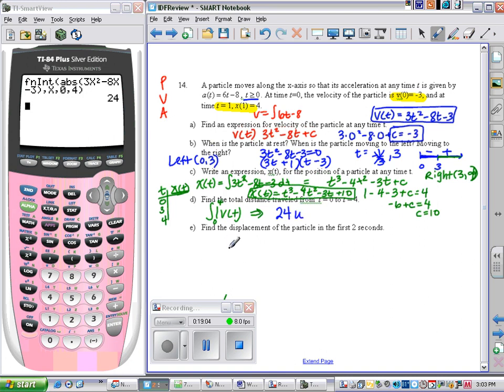And then displacement is the end minus the beginning, or you can integrate the velocity function with no absolute value signs.